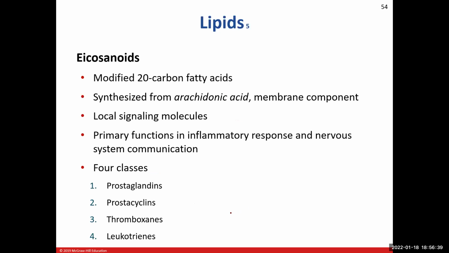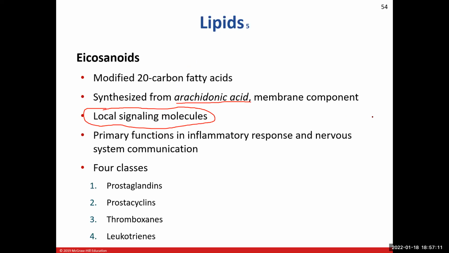The last type of lipid are the eicosanoids. Sometimes we refer to eicosanoids as locally acting hormones or local signaling molecules. Basically, eicosanoids come from a plasma membrane component called arachidonic acid.